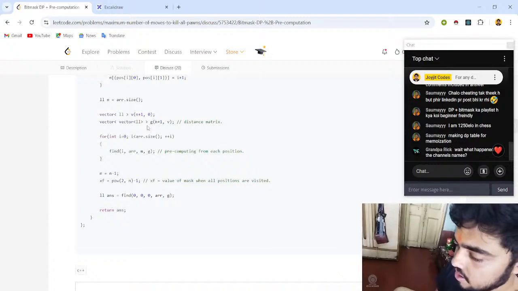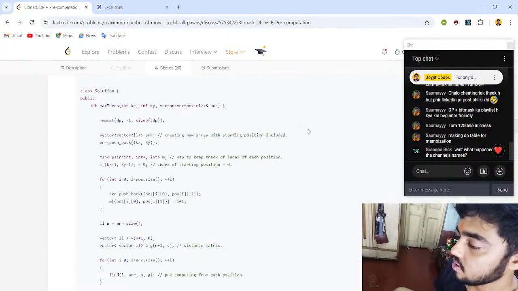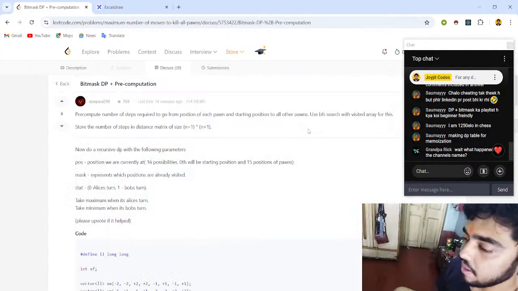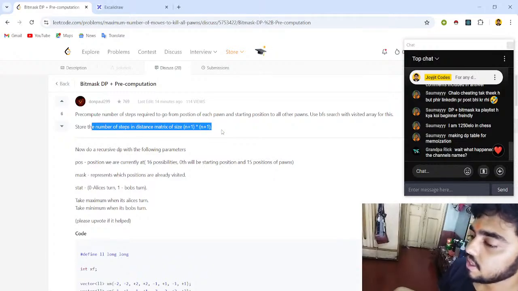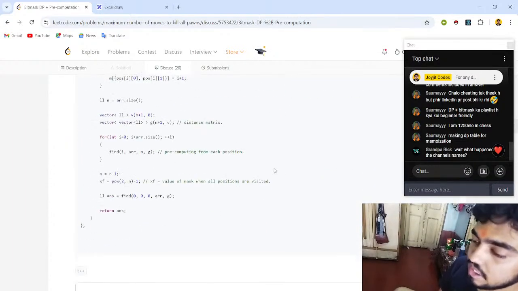So he's giving a distance matrix G of size n plus 1. Over here it is mentioned: store the number of steps in a distance matrix of size n into n plus 1. Till now we don't have any idea what this distance matrix is doing, but we'll get to know about it.